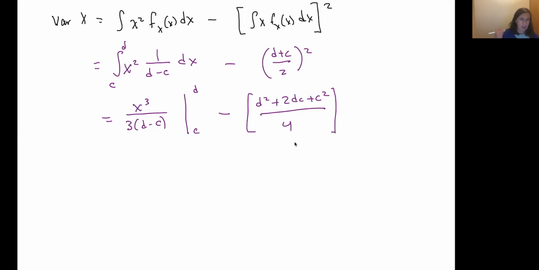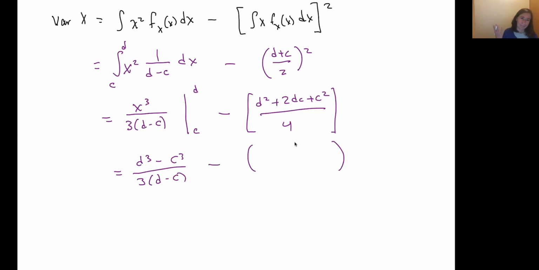I'll keep the parentheses to remind myself that all these terms are going to get subtracted. So putting in the numbers to turn my indefinite integral into a number, that will be (d cubed minus c cubed) over 3(d minus c), minus that whole thing there.